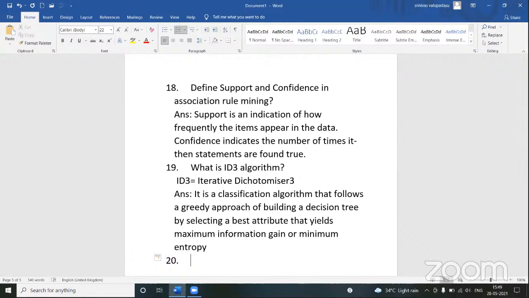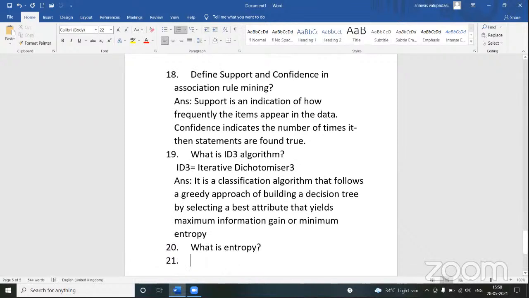What is entropy? Entropy is a measure of the randomness in the information being processed.